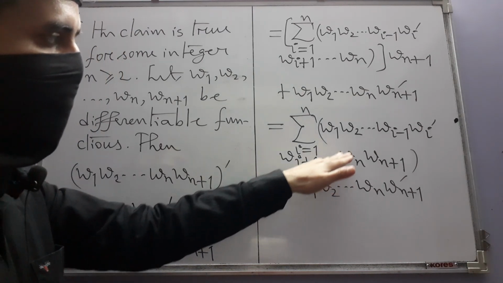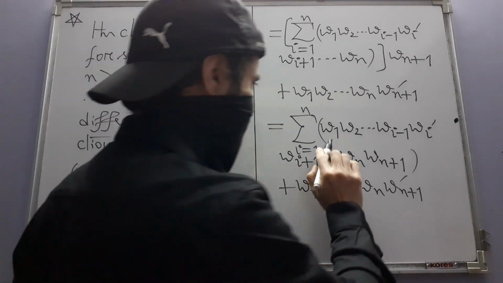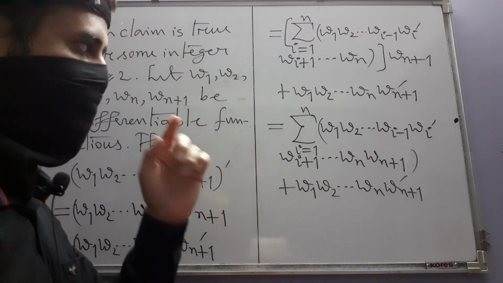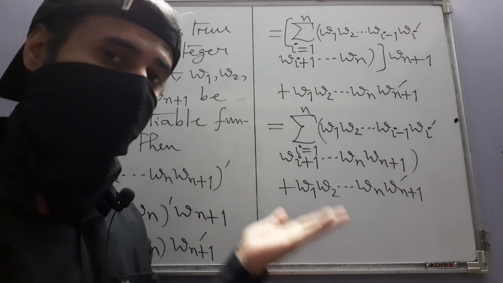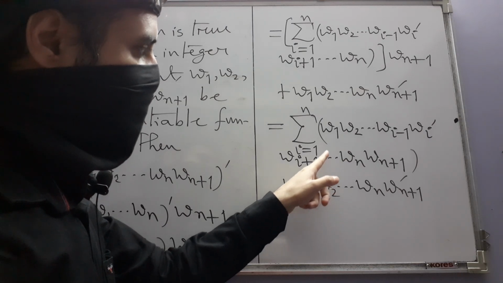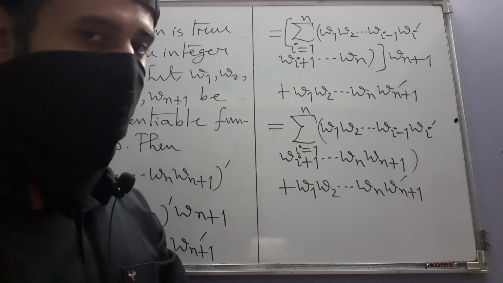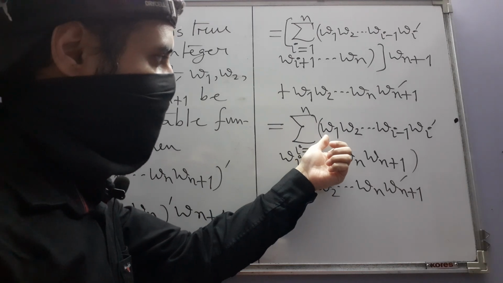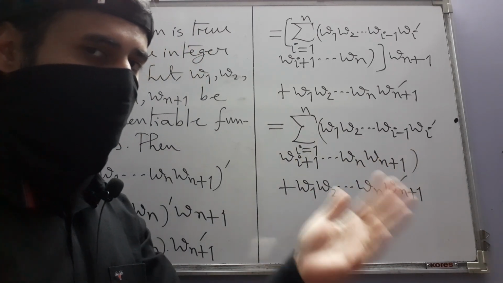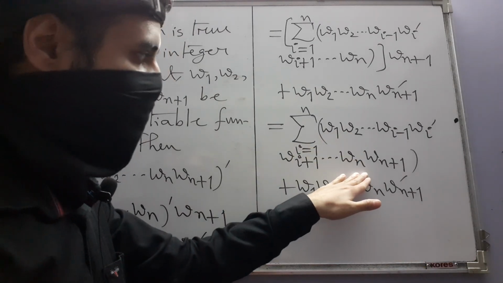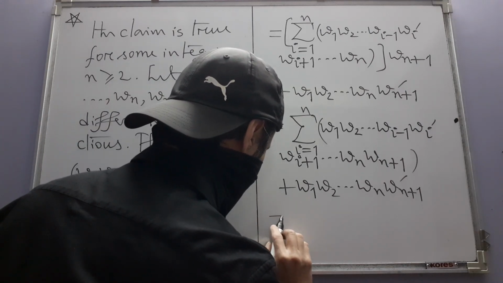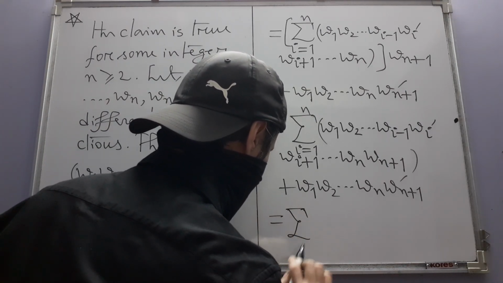Do you see what type of terms the sum has? Here again we have a product of all the functions, but one of them is replaced by its derivative in each term. And the differentiation happens to each of the first n functions. But wn plus 1, the derivative of that does not appear in this sum, but it appears in that extra term.